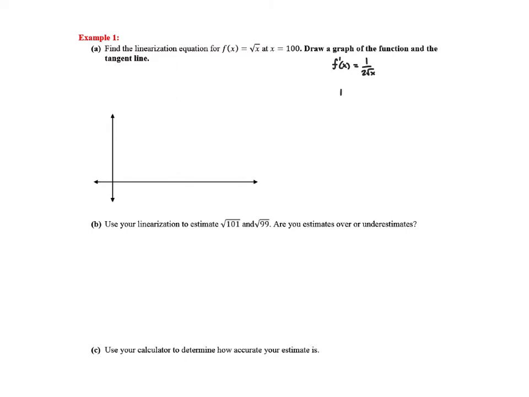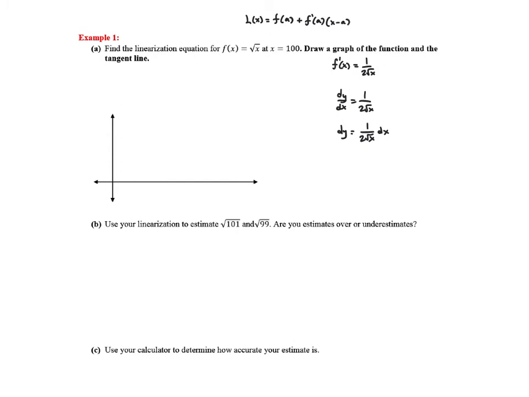All right, so that's equivalent to dy dx, which tells us dy, which would equal 1 over 2 root x dx. Okay, so now if we look back at our linearization equation, it told us that L of x equals f at a plus f prime at a times x minus a.